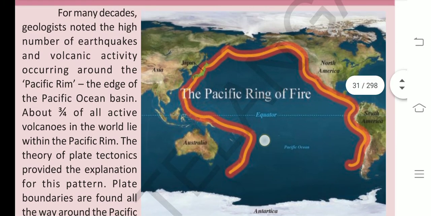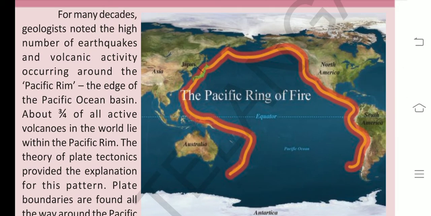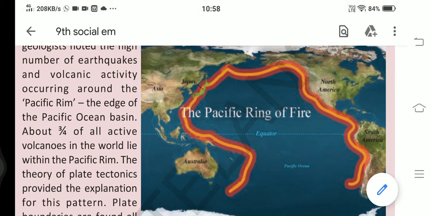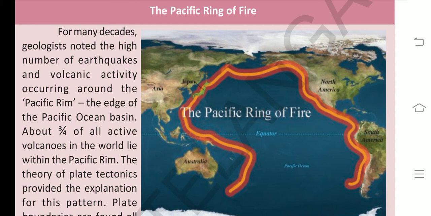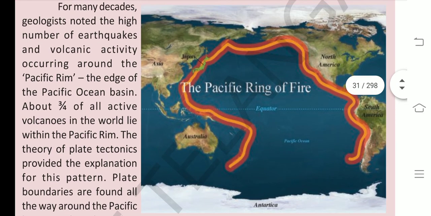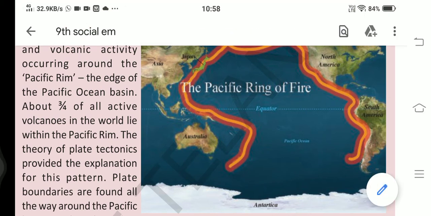Most of the earthquakes we find at the boundaries of the Pacific Ocean, right? This is called the Pacific Ring of Fire. Why do we call this the Pacific Ring of Fire? Because about three-fourths of all active volcanoes in the world are at the boundary or edge of the Pacific Ocean. This is called the Pacific Ring of Fire, my dear students.